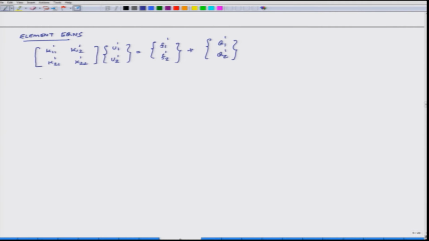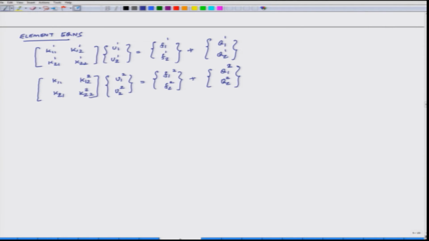Okay. Then I write the equation for the second element, because our domain has been broken into 3 elements. So, we will have another set of equations for the second element. Again it will be K11, K12, K21, K22, but here the superscript is going to be 2, indicating that these equations correspond to the second element.